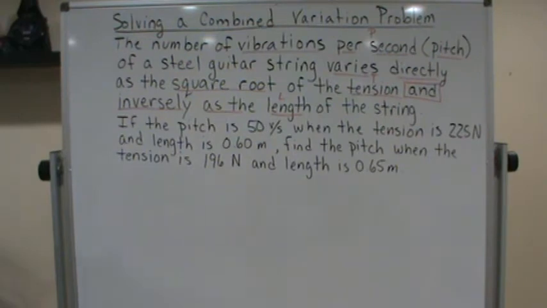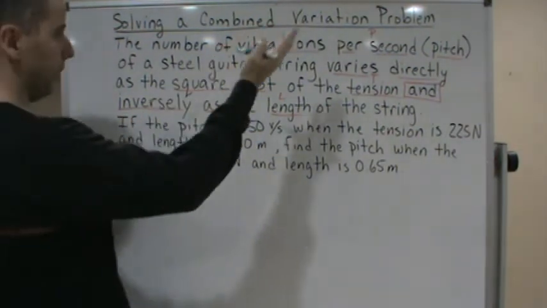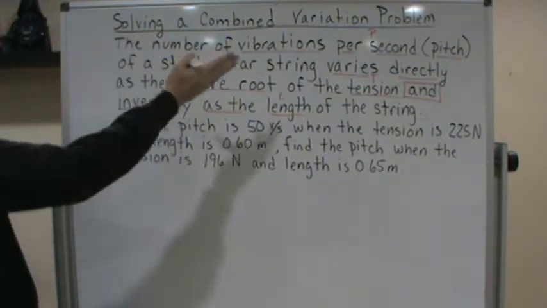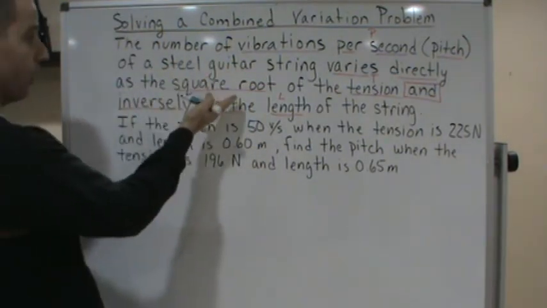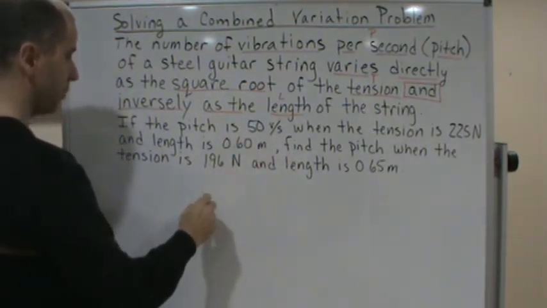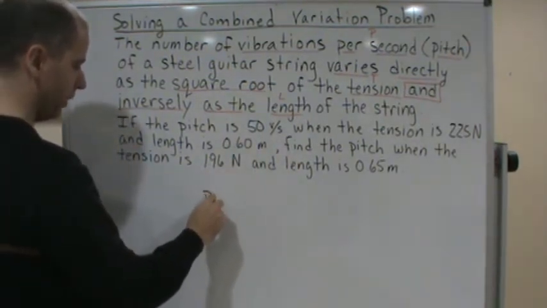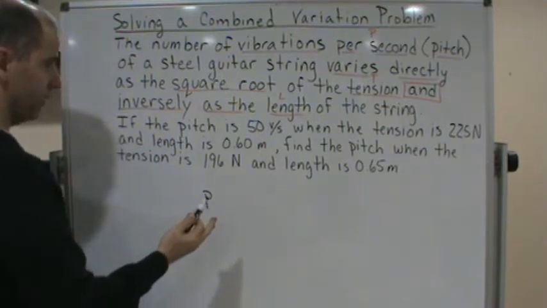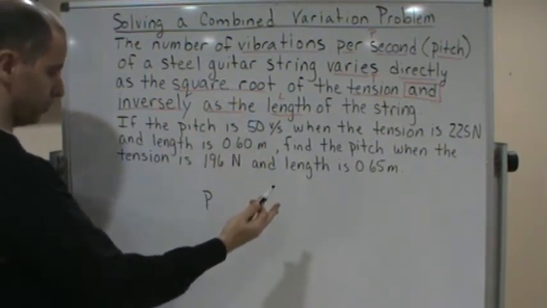Let's take this piece by piece. We know that the pitch varies directly as the square root of the tension. So P varies directly as the square root.